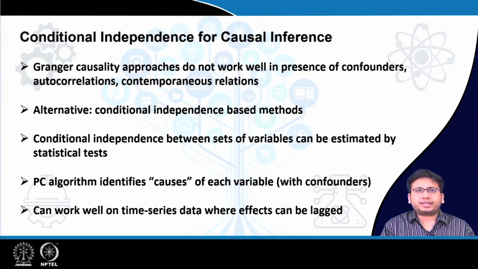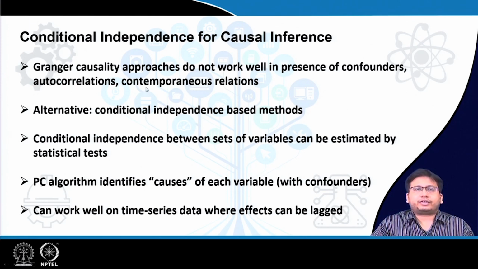Accordingly we have the PC algorithm, which is named according to its inventors. The PC algorithm identifies the cause of each variable along with the confounders, and it can work well on time series data where the effects can be lagged as well as contemporaneous.